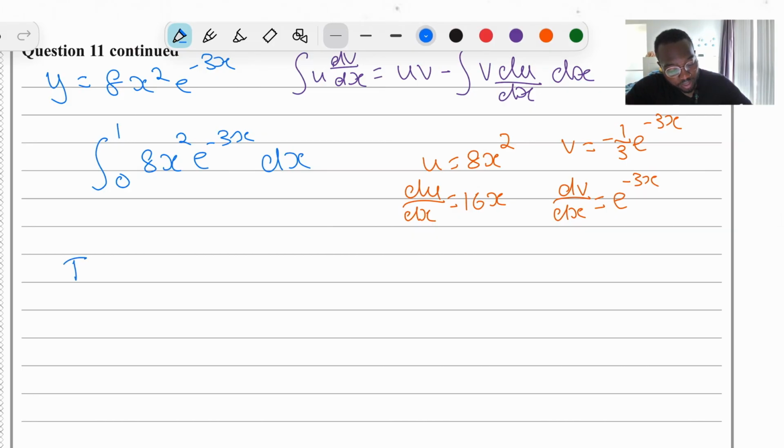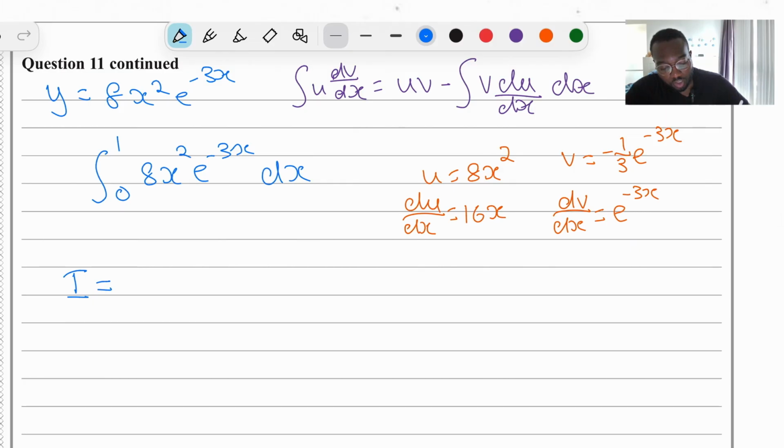So we have I, that is equal to uv. So uv is the 8x squared times the minus 1 over 3 e to the minus 3x. So what would that be? Let's do the x squared first. So let's say minus 8 over 3 x squared e to the minus 3x.